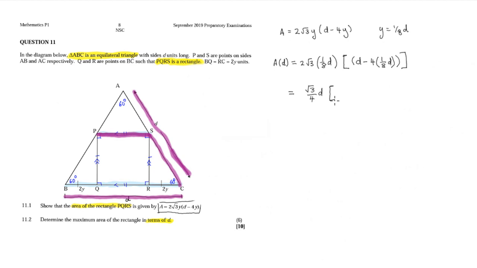This is going to be multiplied into, over here, 4 goes into itself once, into 8 twice, so we have a half D. So we have D minus a half D, which is just 1/2 D. Simplifying further, A of D is going to equal, now we're just multiplying two fractions, so the root of 3D times 1D is the root of 3D squared, divided by 4 times 2, which is 8.